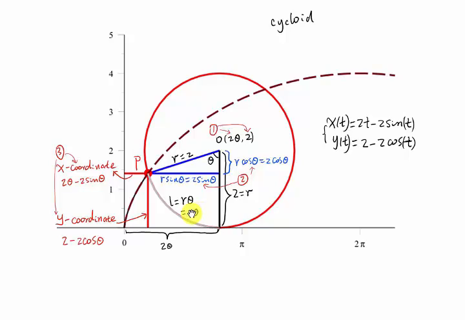So the x-coordinate is 2 times theta, because the gray arc equals the x-axis length. So in step 1, we figured out that the x-coordinate is 2 theta, and y is just 2, the radius.